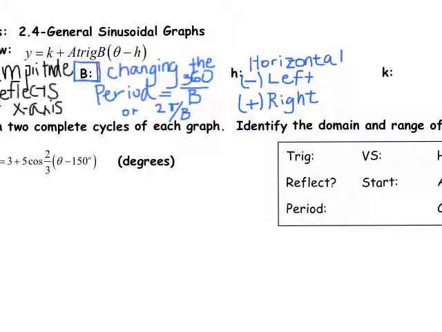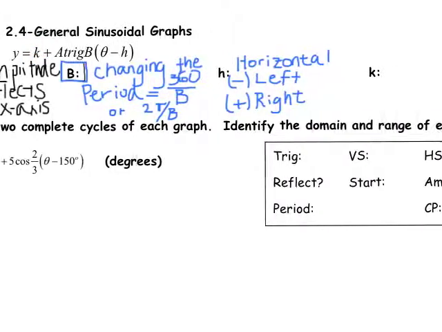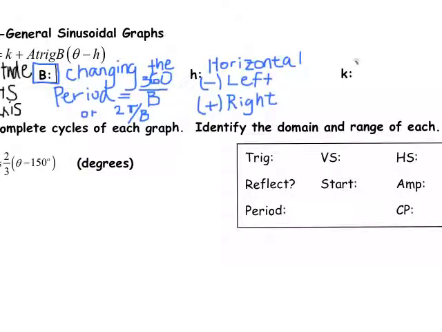And then lastly, K is the number all by itself, and that is our vertical shifts. And up, you'll see a plus sign. Actually, you won't see a plus sign, it'll be a positive number, but down you will see that it's a negative number.